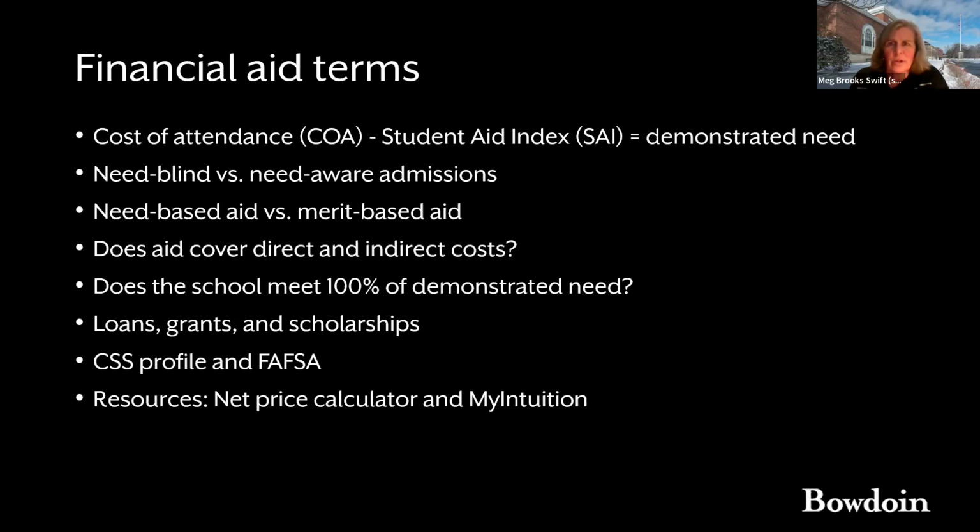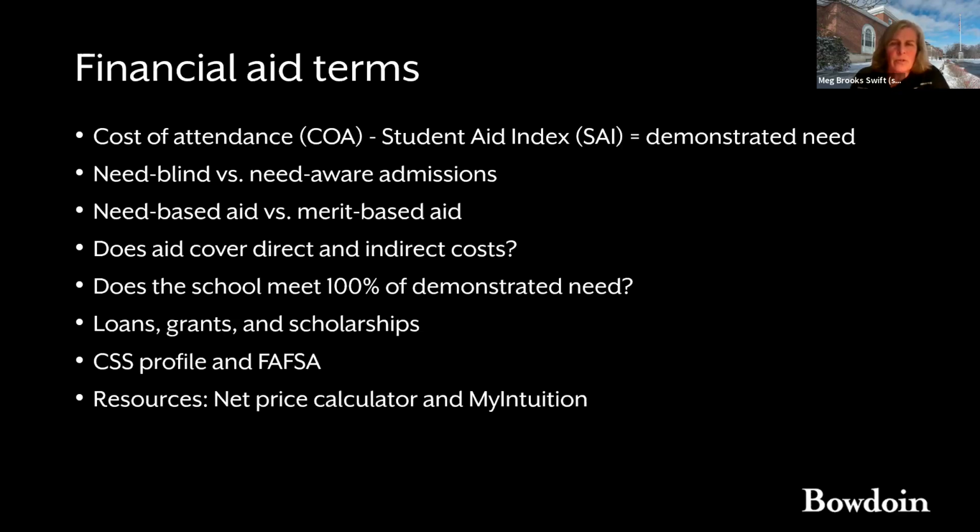There are also some forms that you will likely get familiar with, the CSS Profile and FAFSA. CSS is run by the College Board. It is much more in-depth than the FAFSA. Some schools will use the CSS in addition to FAFSA.